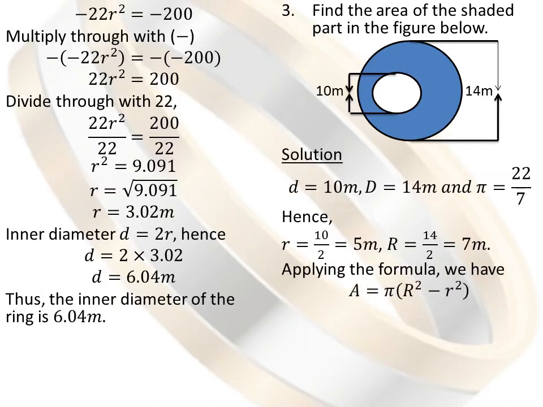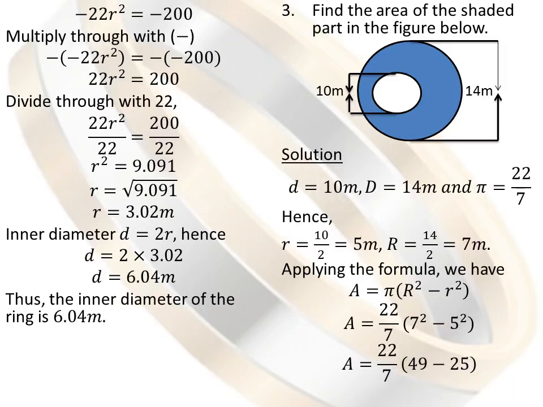This is the formula to get the area of a ring, that is the area between 2 circles. So our area is equal to 22/7 into bracket 7 square minus 5 square, and our area is equal to 22/7 into bracket 49 minus 25.